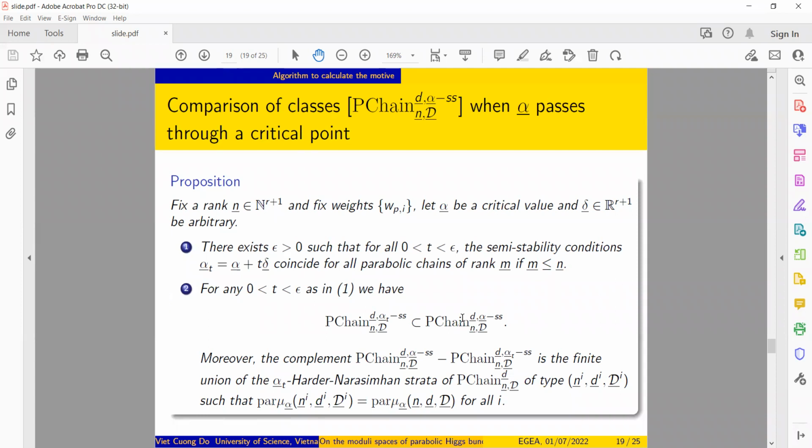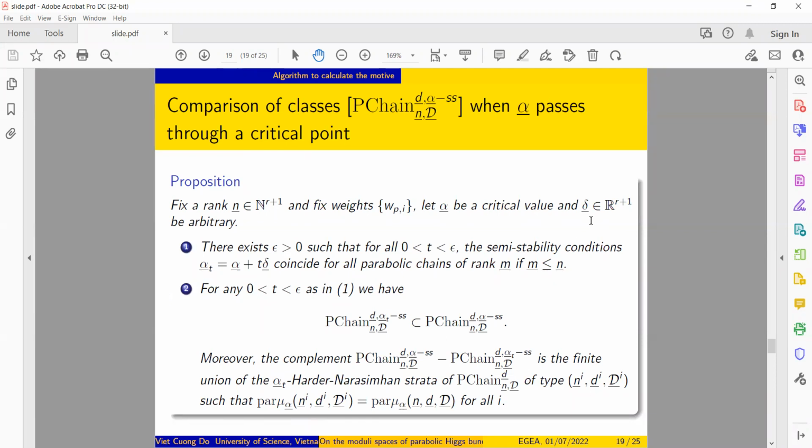So now I take an arbitrary alpha, and alpha is a critical value, and I consider a line going through alpha. Here I take some delta, and I take a line going through alpha, alpha plus t delta.